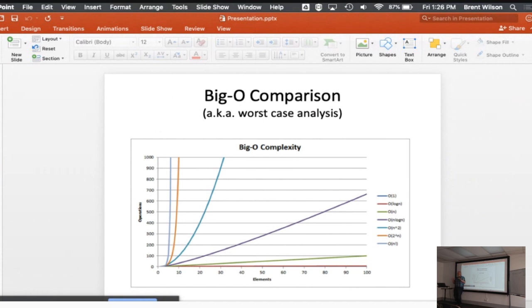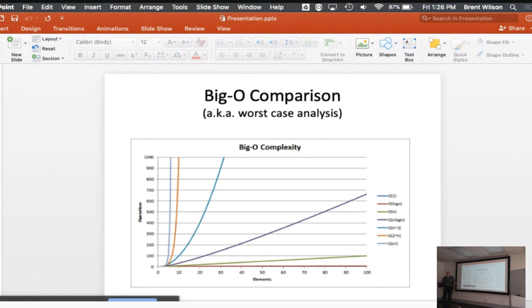We don't want our software just tanking, or completely stopping. We want our algorithms to be as efficient as possible. And sometimes n squared is as efficient as possible. It's really icky, but sometimes that's as good as it gets, right?